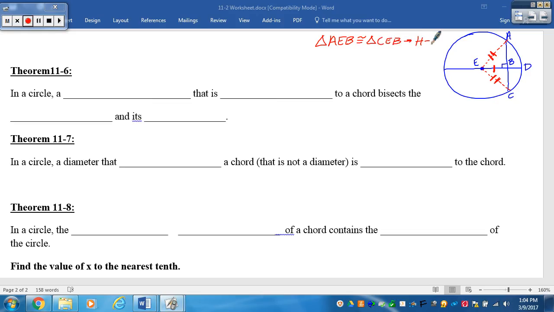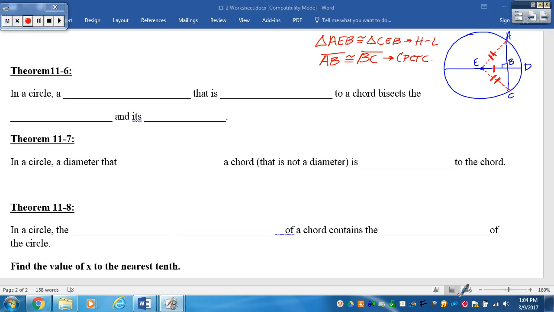It'll be by hypotenuse leg, okay? Remember the ways to prove triangles congruent: side, side, side, side, angle, side, angle, angle, side, and hypotenuse leg, okay? Now, because of the triangles being congruent, we would then know that AB is congruent to BC or CB, it doesn't matter, by CPCTC, okay?